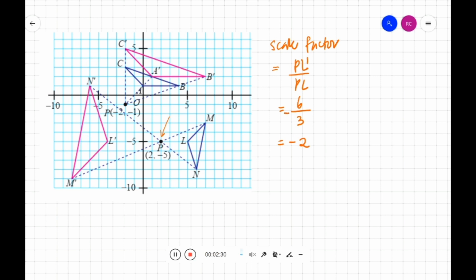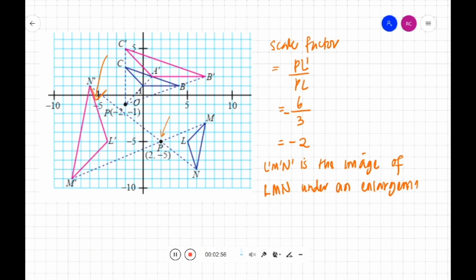Okay, so now we can describe the enlargement already. This figure over here, L prime, M prime, N prime, is the image of L, M, N under an enlargement at center.